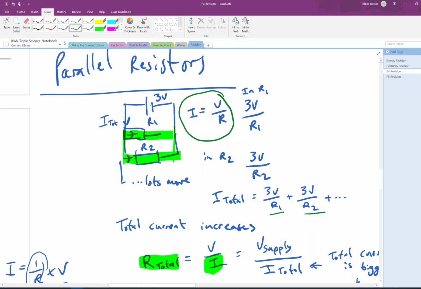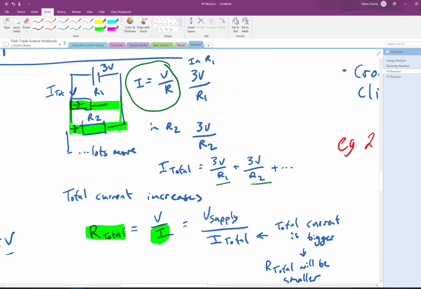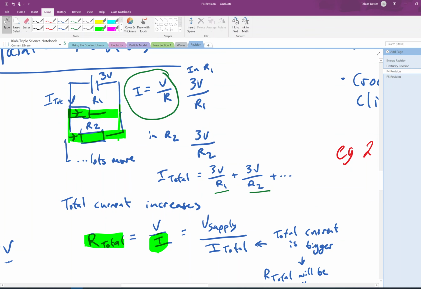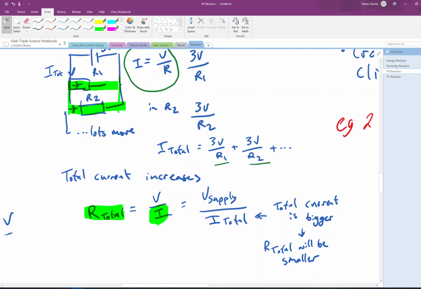Okay, because what's happening is it's giving additional paths for the current to go through. It could go through R1 and R2 and R3 if you put a third resistor, and R4, and you can keep on adding these resistors in parallel, and that will keep on increasing the current. So the total current will be bigger than it is through each individual resistor.